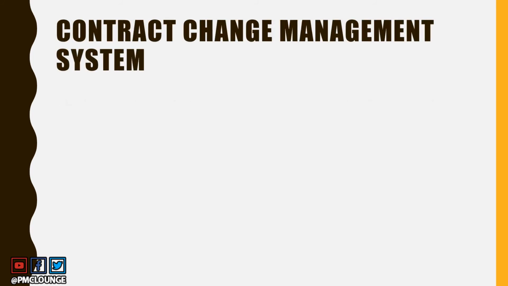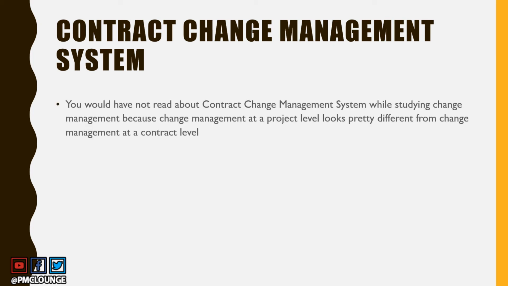All right, so the next in line is a tool known as contract change management system. Now, in your studies of PMP, in your studies of project management, you would have come across a change management system, but not a contract change management system, because change management operates at a project level, while contract change management system operates at a contract level.